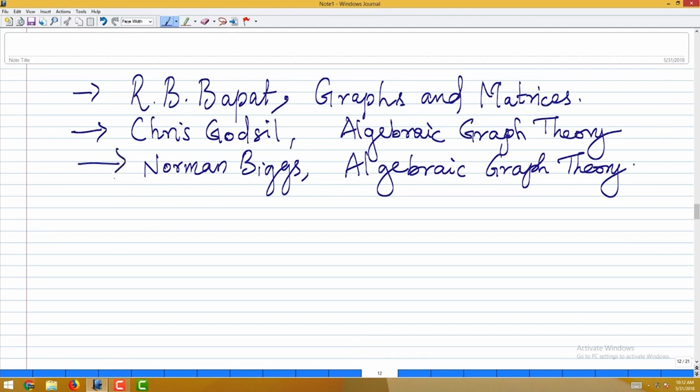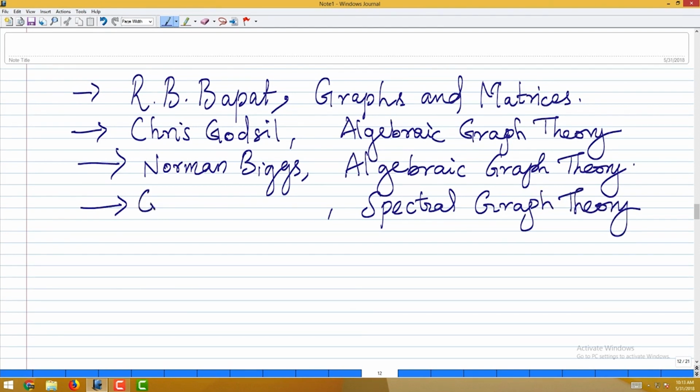And these are the mathematical approaches. If you are looking for exactly the spectral aspects, only spectral properties, there is Spectral Graph Theory by Cvetkovic, Doob and Sachs.